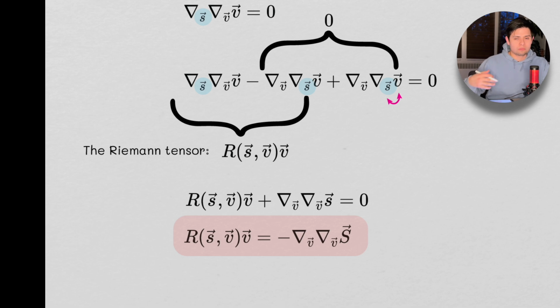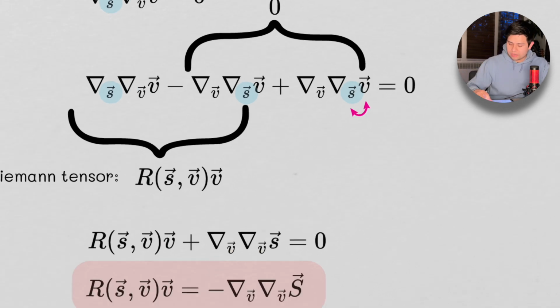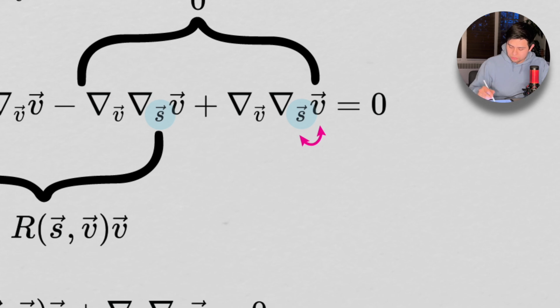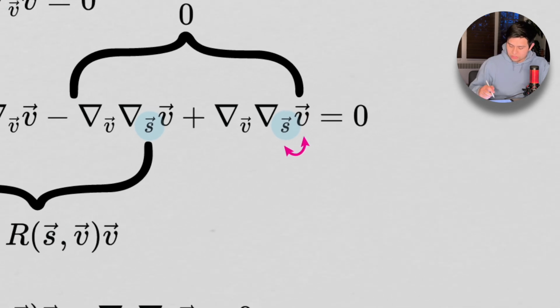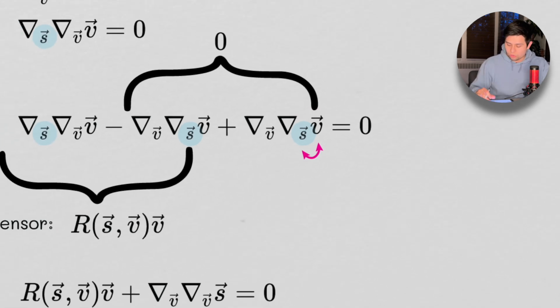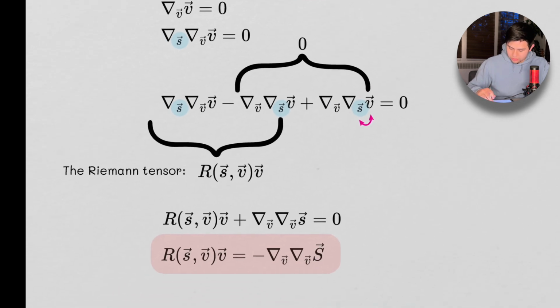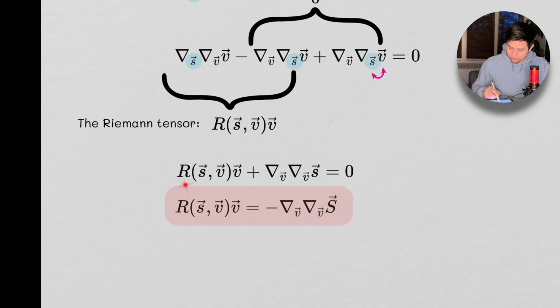I'm going to make another video that goes into it more abstractly, but the idea here is that the derivative of v in the direction s is the same thing as the derivative of s in the direction of v. In other words, there's this commutation relationship that needs to hold, and when we do this, we're going to get this equation down here.